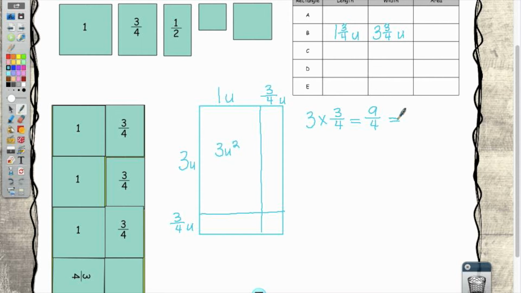Turn that into a mixed number. 2 1/4. If doing it in your head is difficult, can you do long division? You sure can. And it will give you the same answer. 4 times 2 is 8. Okay. So right here, I'm going to write 2 1/4 units squared.